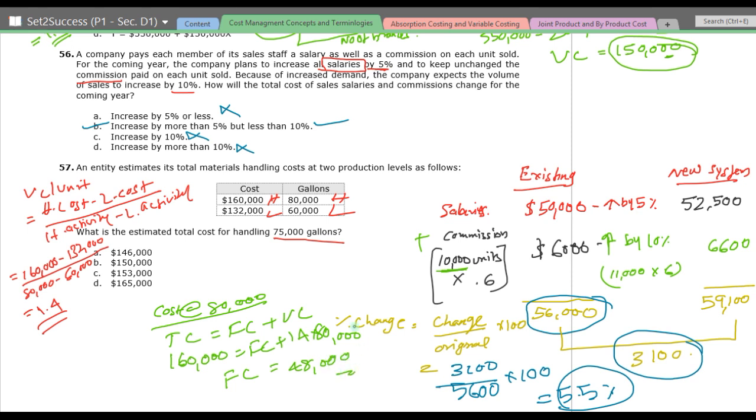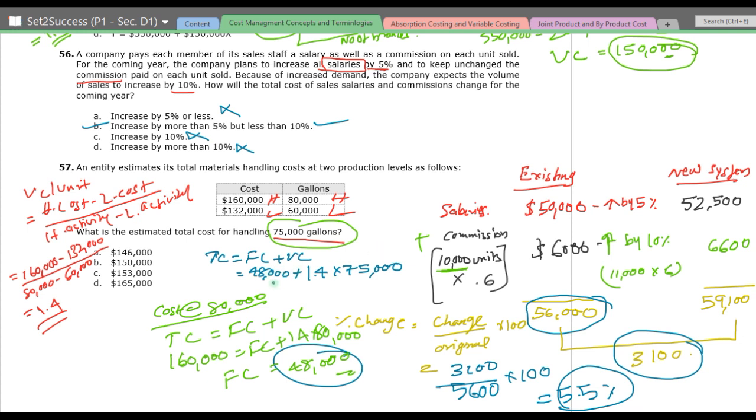Now let us find for 75,000 gallons. So at 75,000 gallons, total cost is equal to fixed cost plus variable cost. So total cost we need to find, the fixed cost is 48,000 and variable cost is 1.4 by 75,000.